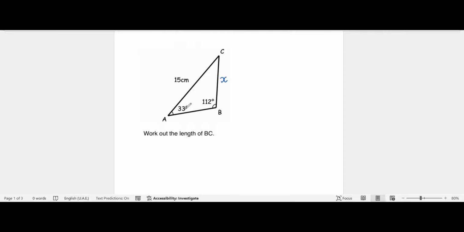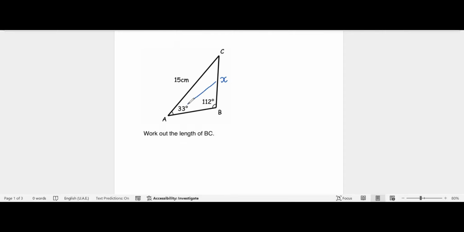I repeat, whenever we have two angles given in the question, we can use law of sine to find the missing side. So here, what you need to check is whether we have two pairs of angle and its side. You can see here 33 degree is the angle, and let's see if we have the side opposite to it.